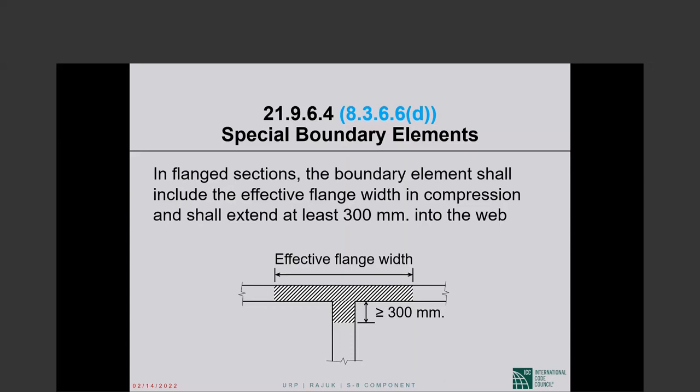We definitely do not provide a beam-like element at every level within the shear wall. That is an unqualified answer. That would be a detailing nightmare, and there is no reason for us to do it.